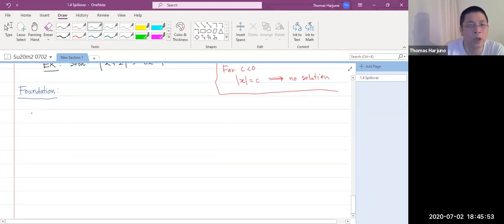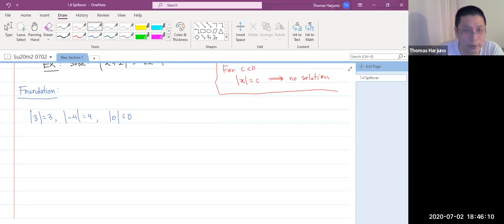Now, we have known that absolute of 3 equals 3, absolute of -4 is positive 4, right? Absolute of 0 is 0. We know that already. If you don't know this, drop the class. Okay, no, you are in the wrong place if you don't know this. You're supposed to know this already.